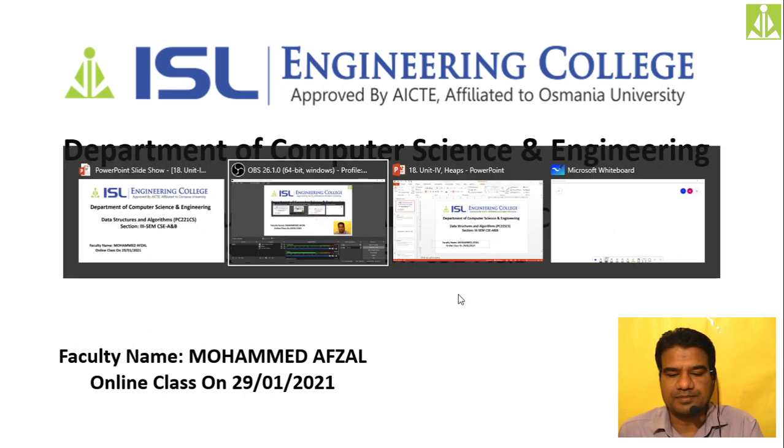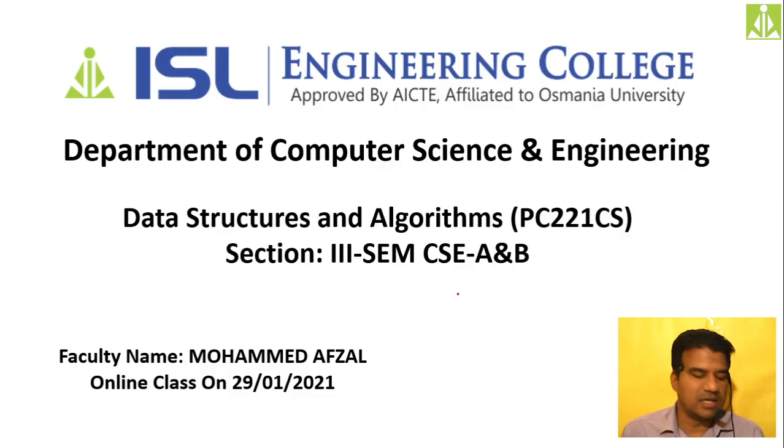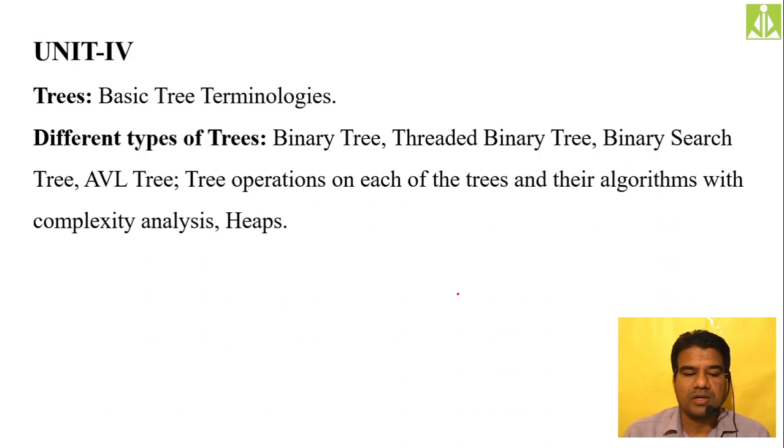So quickly, in today's session, we'll be discussing the last concept in your fourth unit, that is the heap data structure. We'll see what exactly this heap is and how it is helpful in data structures.